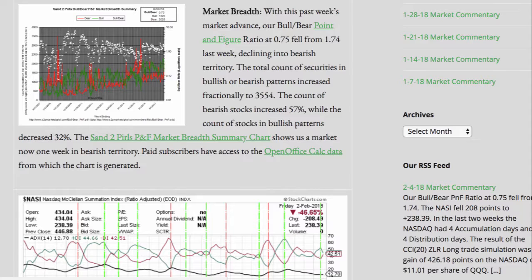The count of bearish stocks increased 57%, while the count of stocks in bullish patterns decreased 32%. The Pirls PNF market breadth summary chart shows us a market now 1 week in bearish territory.